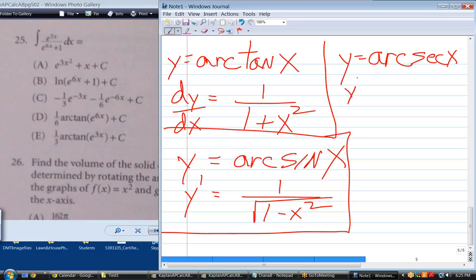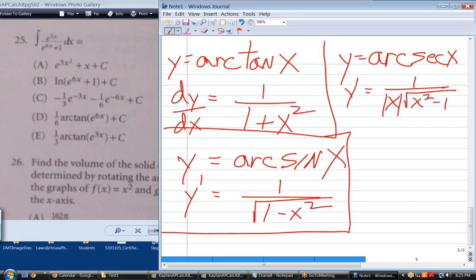Then y prime is 1 over x times the square root of x squared minus 1, actually the absolute value of x. So those are the three you have to memorize.